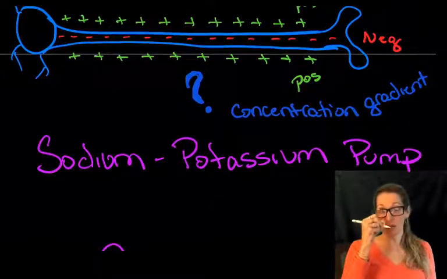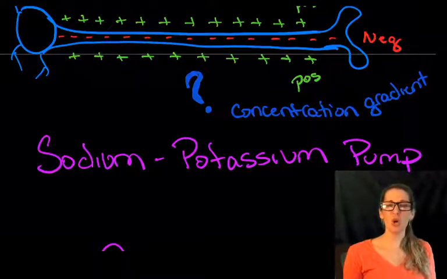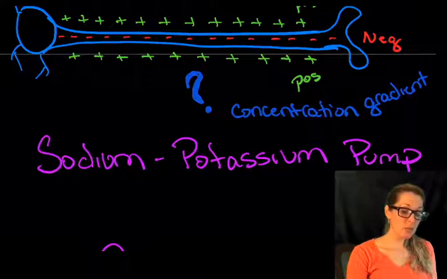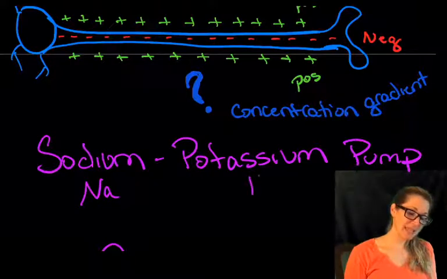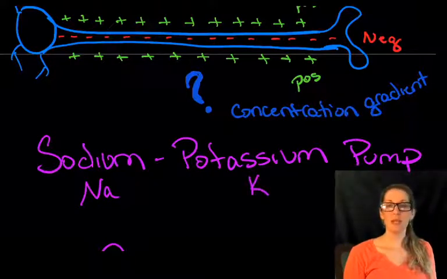Sodium potassium pump. I know that you've learned about the sodium potassium pump, at least in introductory biology. It's so wildly, critically important. You'll also see it written as sodium is Na, potassium is K, so the NaK pump.